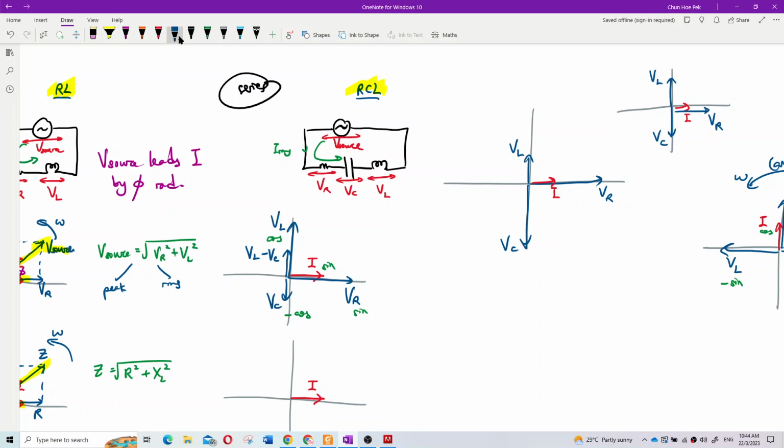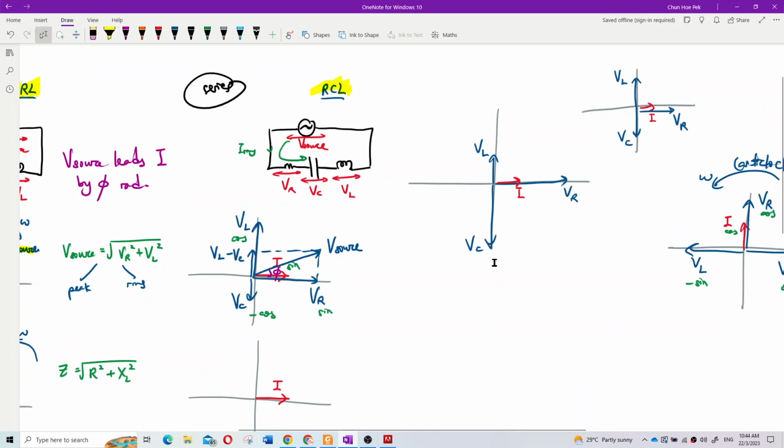Understand, class? Because opposite direction they minus. This is the resultant, this is the V source, and our phi is over here.